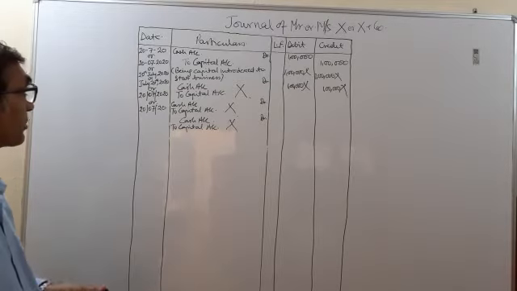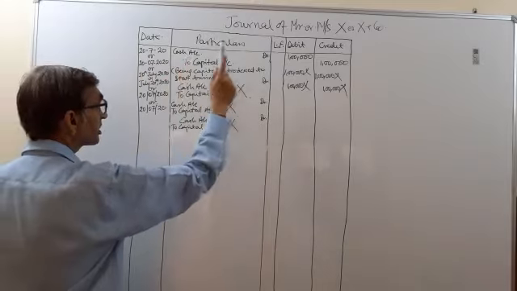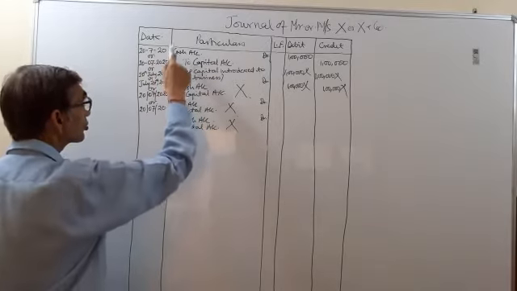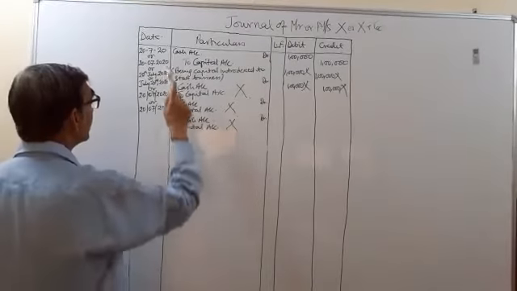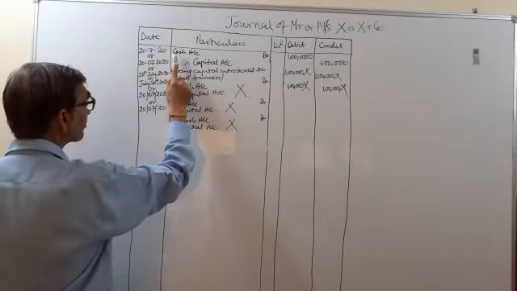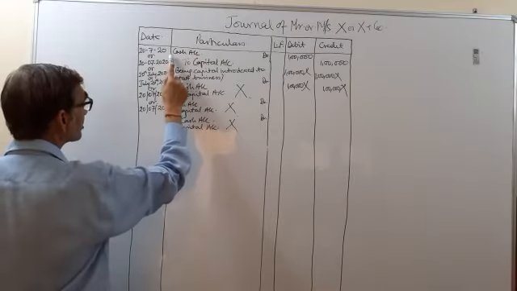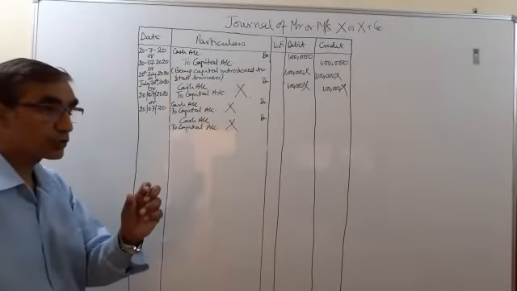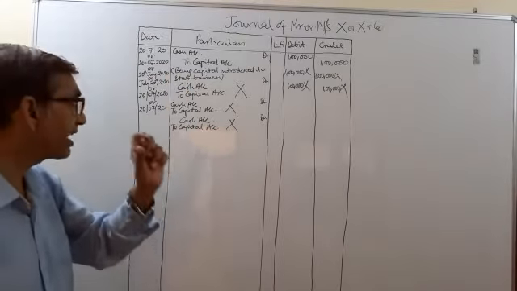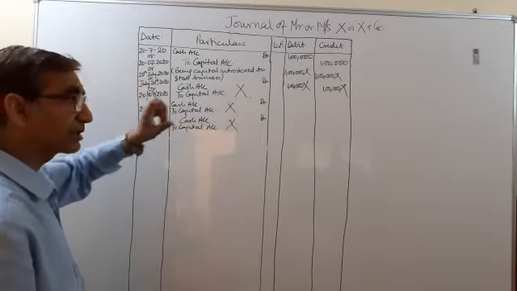Now, in the particular column, the gap between the first alphabet of the debit entry, or all the debit entries that you are going to pass, and the end of the date column or the start of the particular column line, should be a minute gap, a very small gap. Here it has become too much, it should be even less.